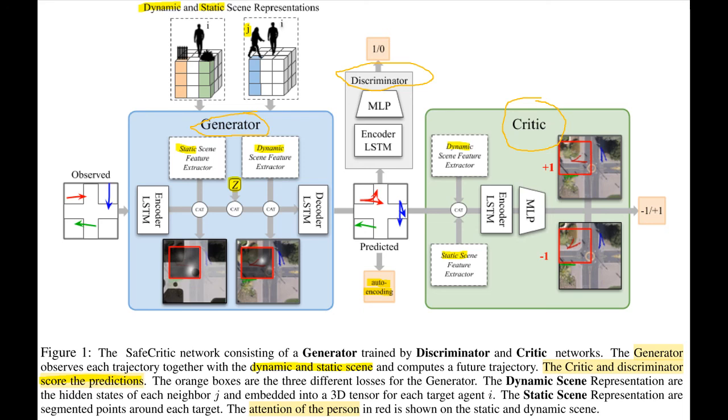This is why it's made prediction over there. And then this prediction is assessed or evaluated based on several criteria. The one is the accuracy of the discriminator. Does it manage to deceive the discriminator? But the second one is the critic. And the critic has to predict the likelihood of the future dynamic and static collision. Here you can see -1 because it crosses the pavement, which is bad. So yeah, this is having not only imitation accuracy as an objective.